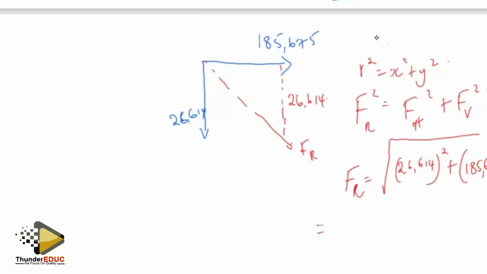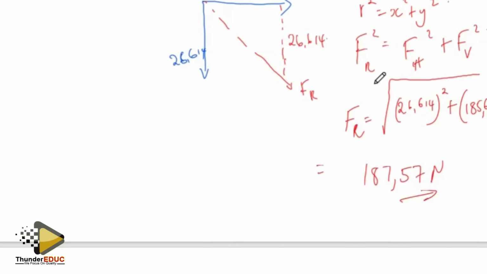Okay, so when I punch that into my calculator, that's going to be 26.614, we are adding 185.675 also squared. I'm getting 187.57 newtons. Okay, so this is our resultant force.